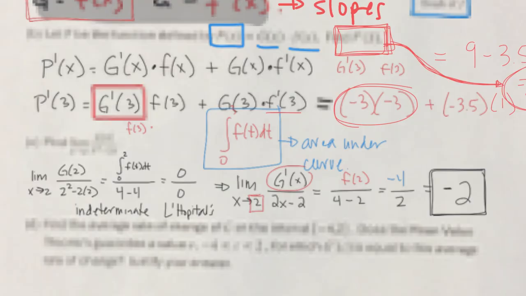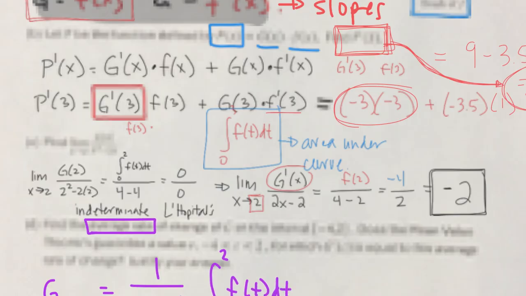Okay, find the average rate of change, right? This is your clue that we're going to be using the average formula. Average rate of change. Okay, so g average is 1 over 2 minus negative 4 times the integral from negative 4 to 2 of f of t dt.